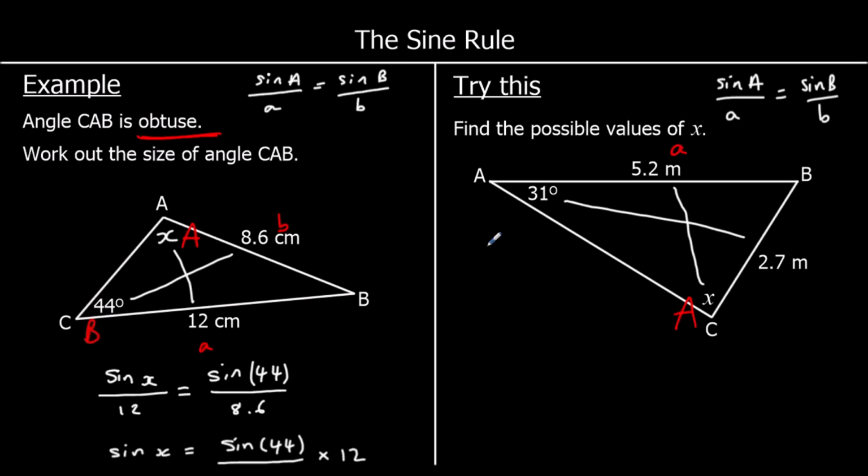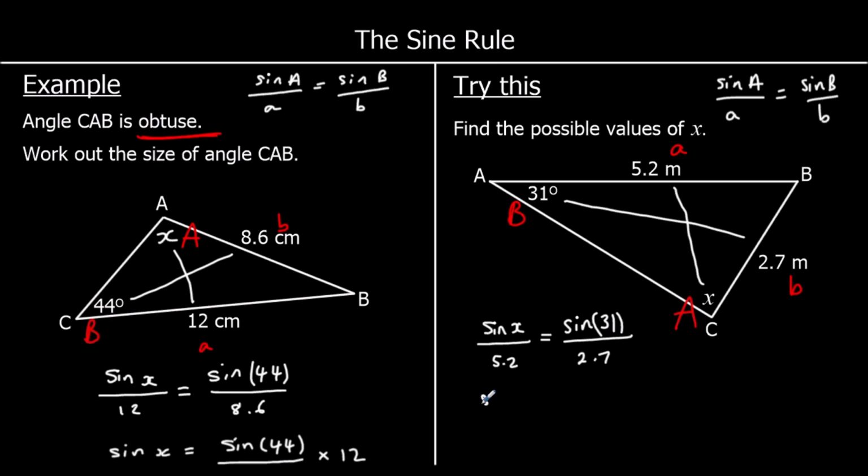Our other angle is big B, opposite it is little b. So sine x over its opposite, which is 5.2, equals sine with the other angle, 31, over its opposite, which is 2.7.